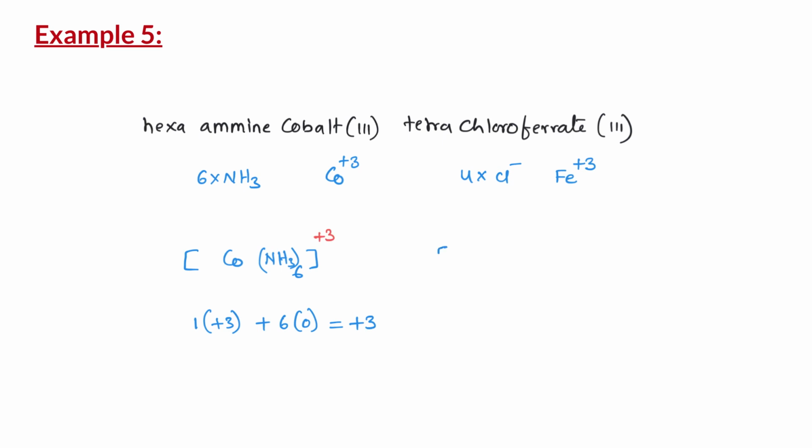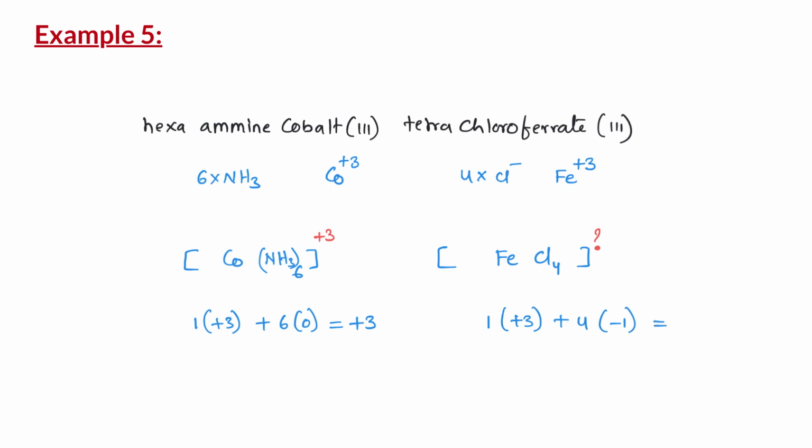Next, let us write the formula for the anion. Tetrachloro means 4 chlorines, and we have iron in its +3 oxidation number. Let us now calculate the overall charge on the anion. We have one iron with +3 oxidation number plus 4 chlorines, each of which has -1 oxidation number.